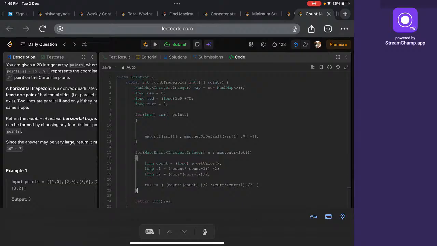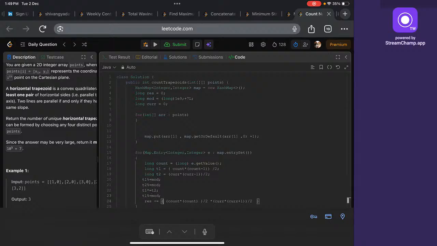Stay with me, I'm just messing things up, and I need to take the mod of this. t2 mod equal to mod, and I'm going to multiply t1 with t2, t1 mod.